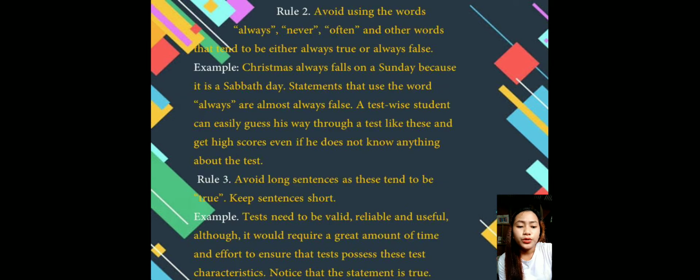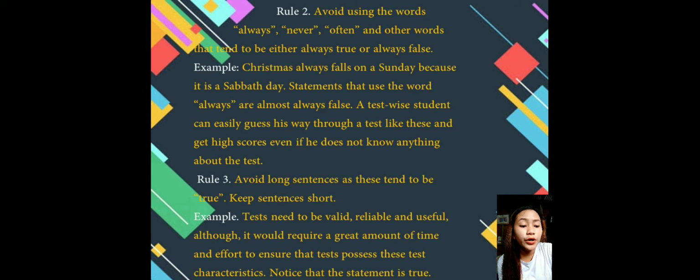Next, rule number 2. Avoid using the words always, never, often, and other words that tend to be either always true or always false. Example of this is, Christmas always falls on a Sunday because it is a Sabbath day.